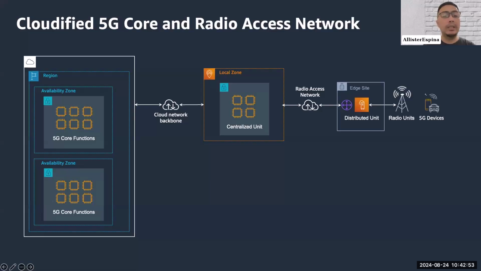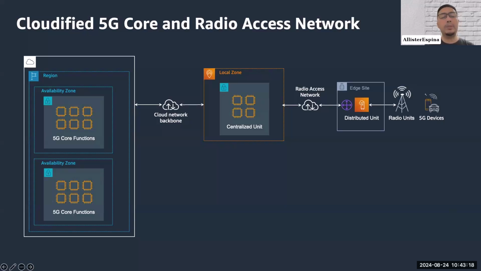In this case, you're deploying the centralized unit for your RAN, the Open RAN component, on a local zone, and then connecting it via the radio access network, going to the edge location, the edge site, wherein you have the radio units, or even the distributed units.